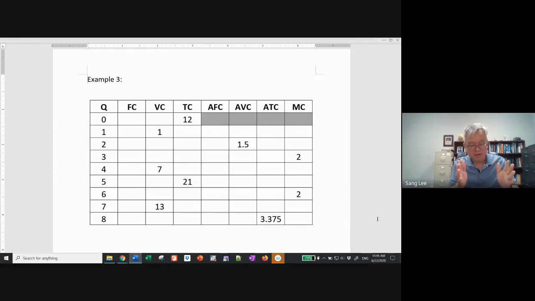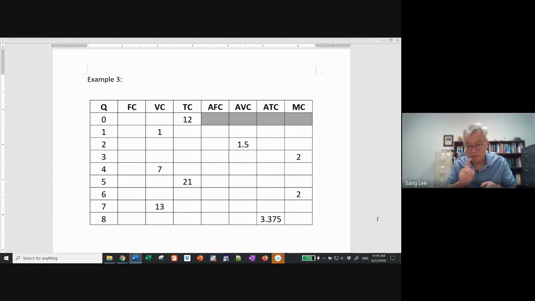Remember, fixed cost does not change when output changes. Second, the variable cost at the 0 output level is always 0. That's the first step. You've got to put that right foot forward.